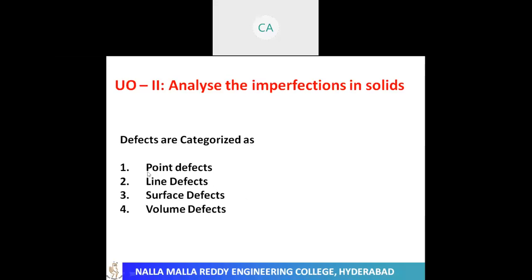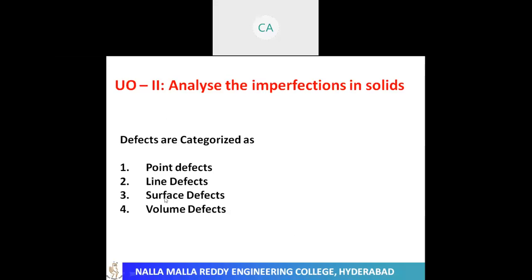Now we'll see point defects. When the irregularities are around an atom or molecule, that is known as point defect. But when this defect or irregularity in the arrangement of the constituent particles generates along a row, then that is known as a line defect.